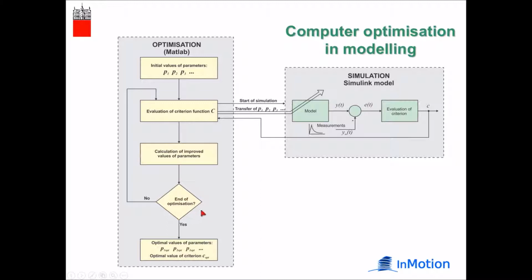When the condition for the end of optimization is fulfilled, we finish the optimization procedure, and here the optimal values of parameters are available, and of course the optimal or minimal value of the criterion function.